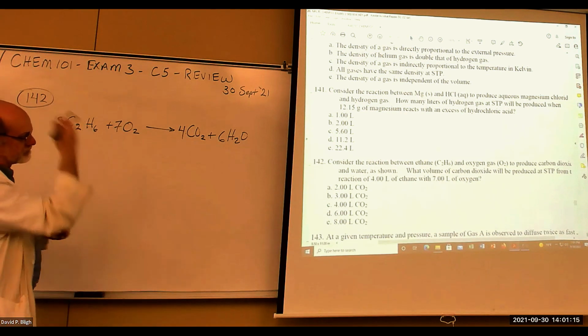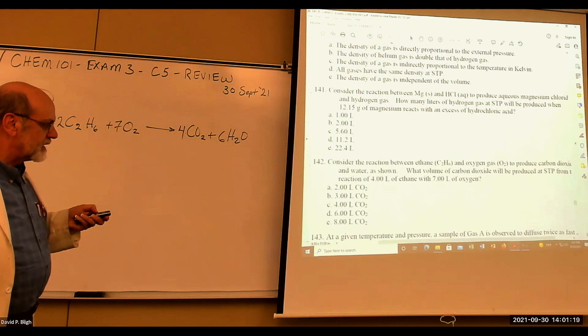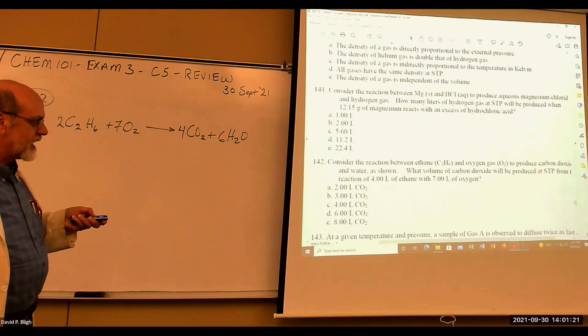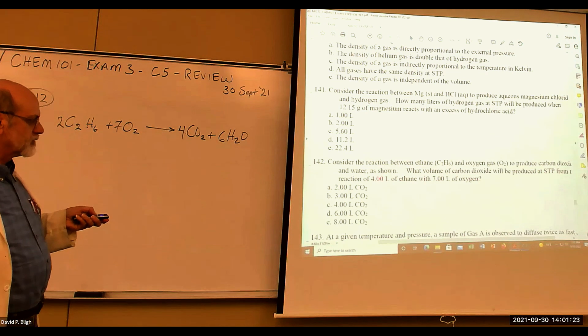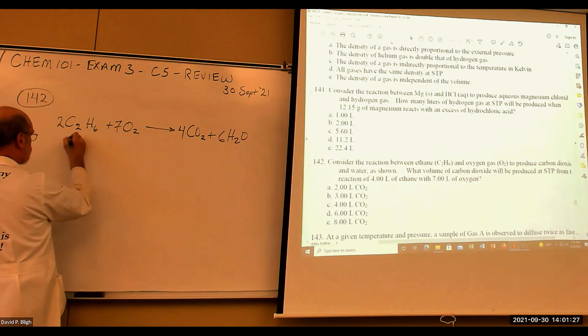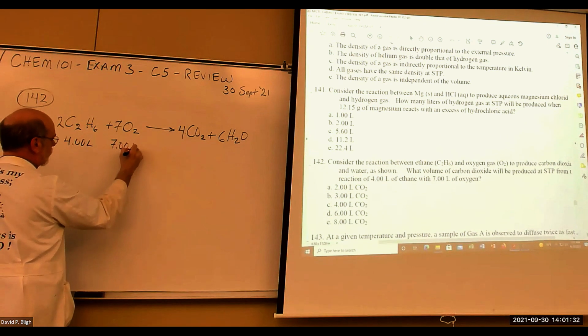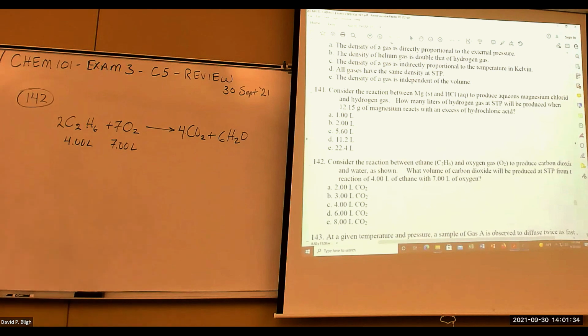Now what do we get? Let's see. Standard temperature and pressure, reaction of 4 liters of ethane and 7 liters of oxygen. So we have 4 liters here and 7 liters here. Okay.